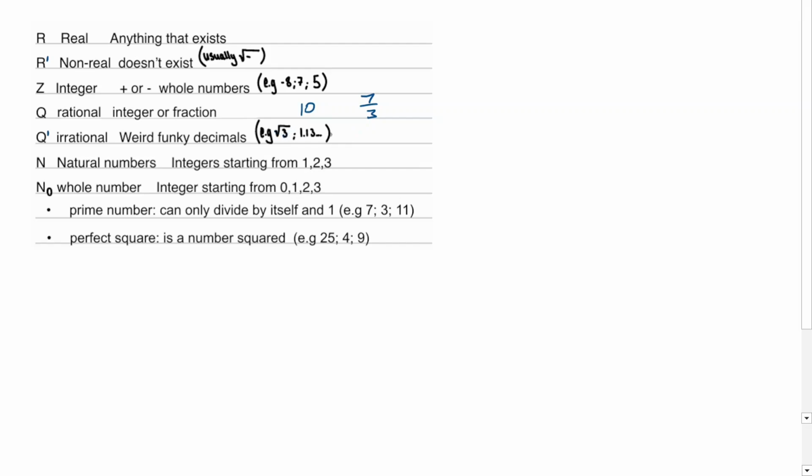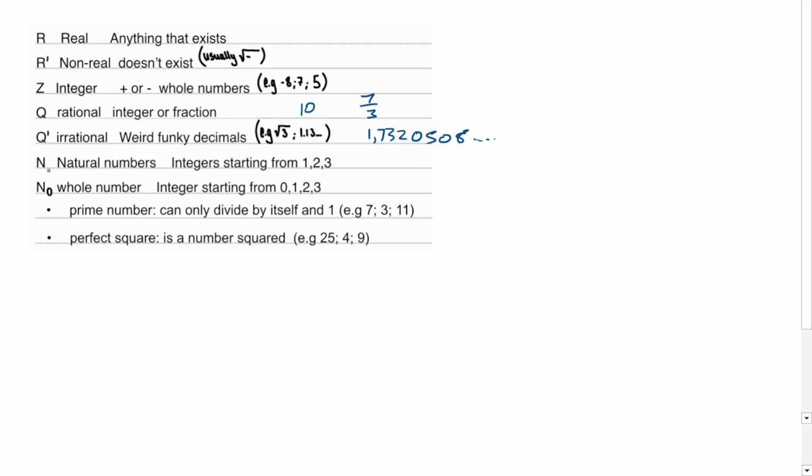Just put it in your calculator and see what you get. If you get nice, perfectly recurring decimals, then it is rational. But if you put in square root 3 and it ends up being 1.7320508, it's just decimals all over the place, then it's irrational.